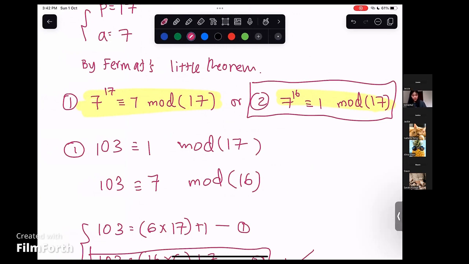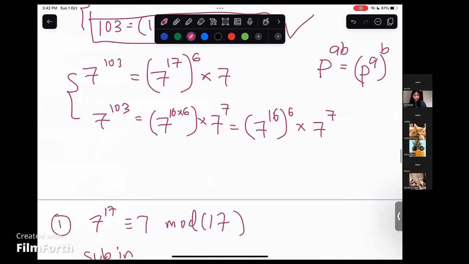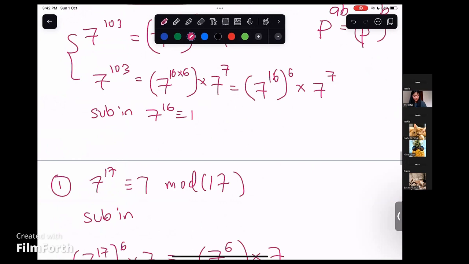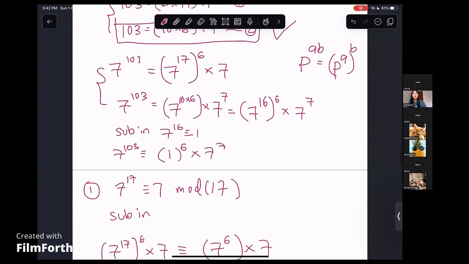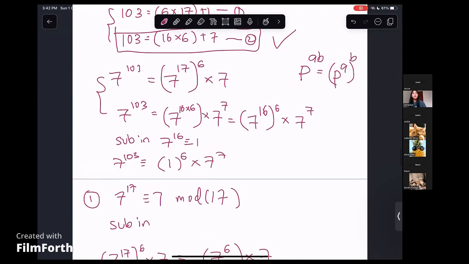We can substitute that in, right? And we get something like 7 to the 103 is congruent to 1 to the power of 6 times 7 to the power of 7, right? Does this clarify things, or if that's not the part you're not too sure about, let me know, and we can go over it in a little bit more detail.